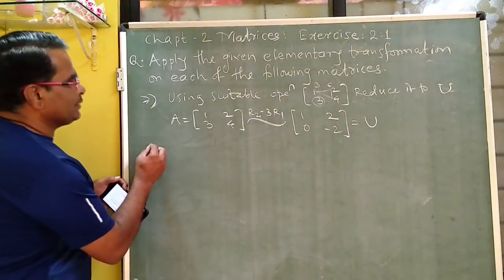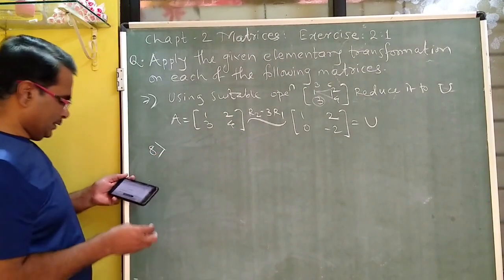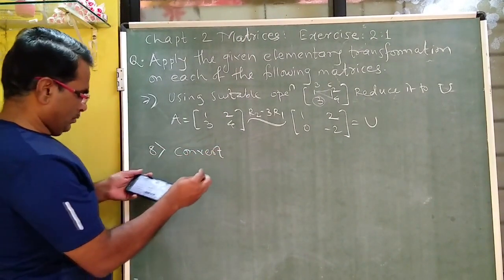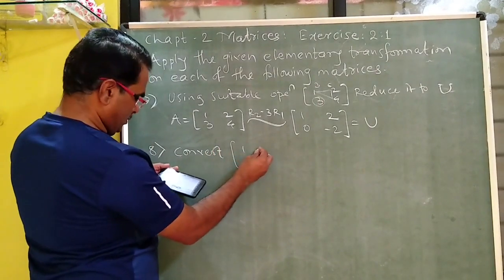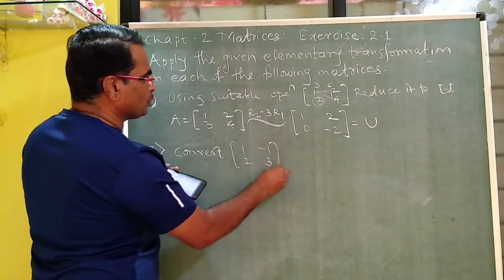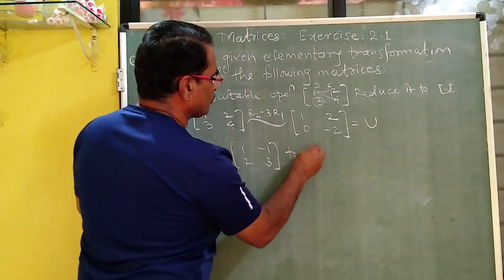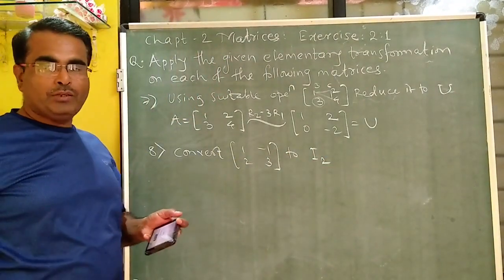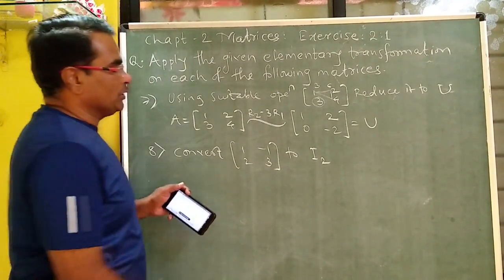And the last example of this, that is, convert matrix 1 minus 1 2 3 to identity matrix of order 2 by using row transformations.